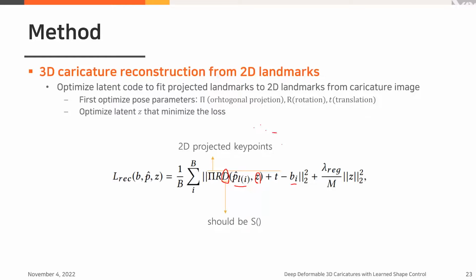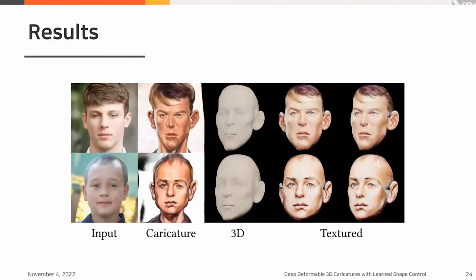You minimize the distance between those two sets of landmarks, and you get this fitted 3D caricature using the morphable model.